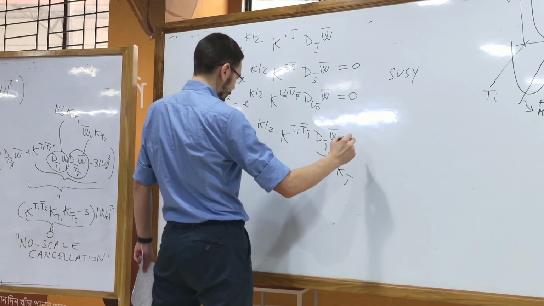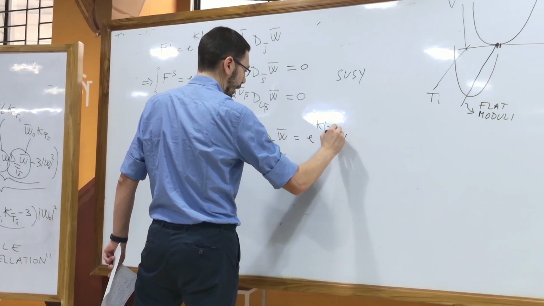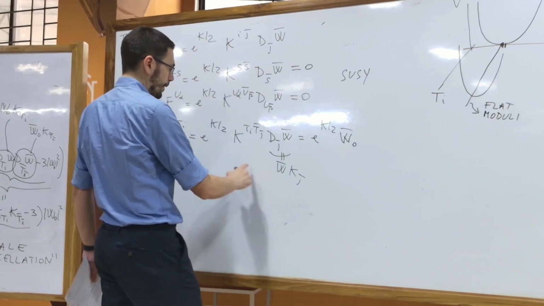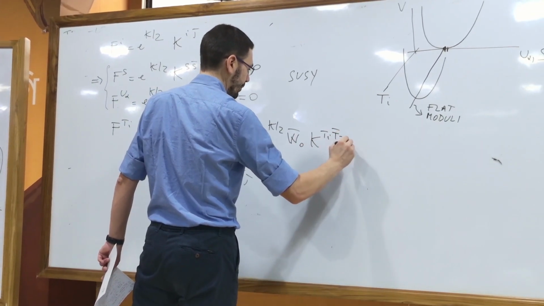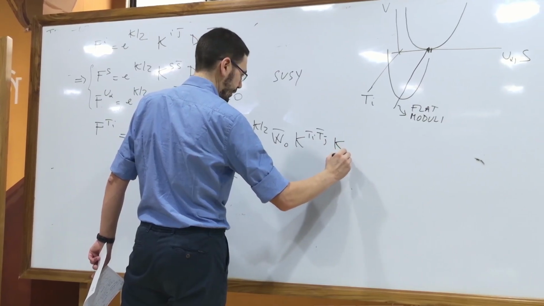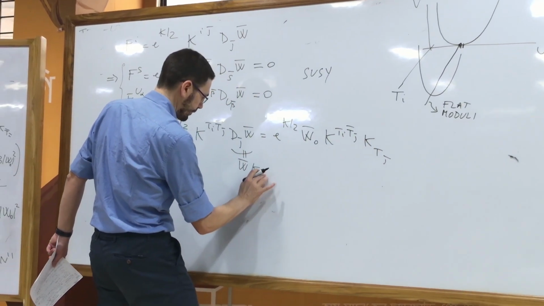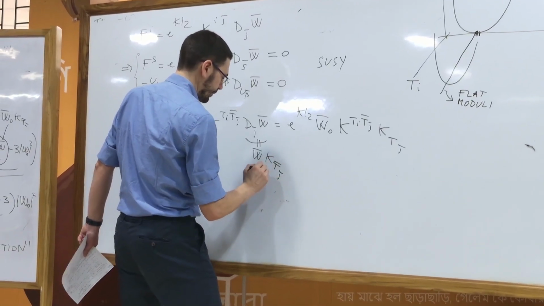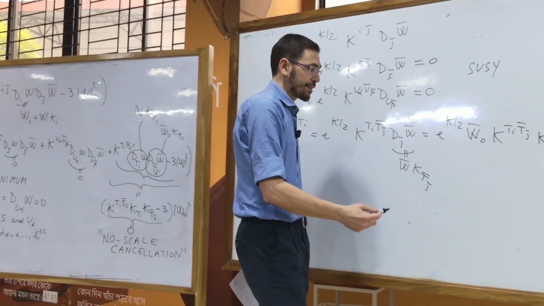So this is e^K divided by 2 \bar{W}_0, the tree-level one. And then I have this K^{T_i \bar{T}_j} K_{T_j}, so this is K_{T_j} \bar{T}_j. And again, you can do it as an exercise at home.